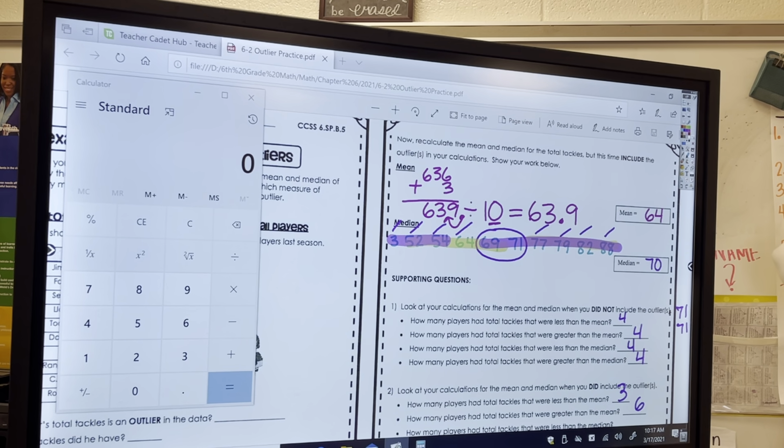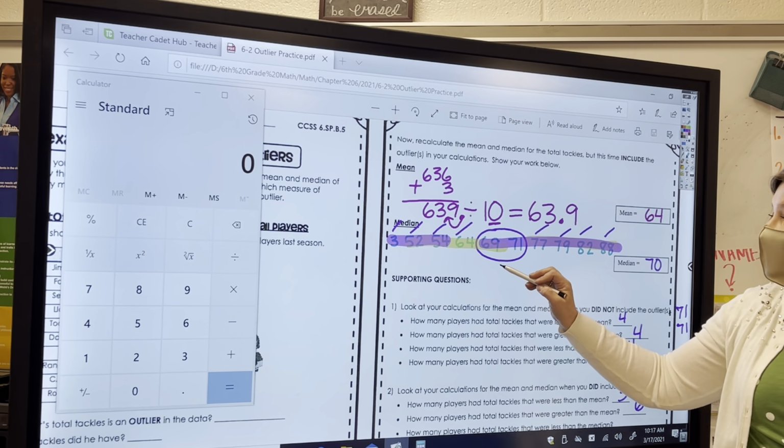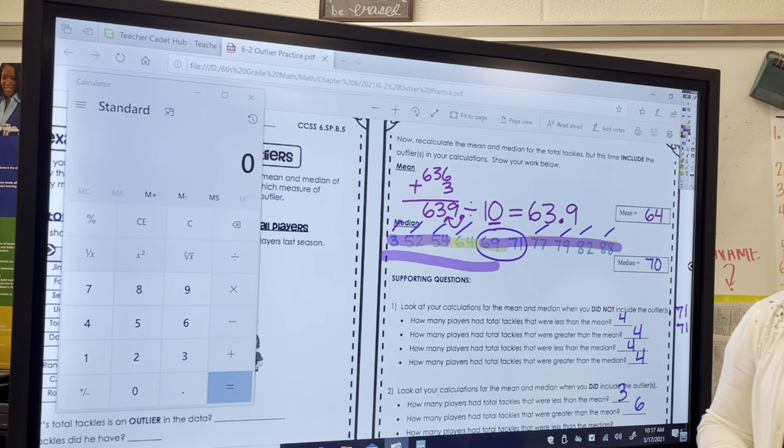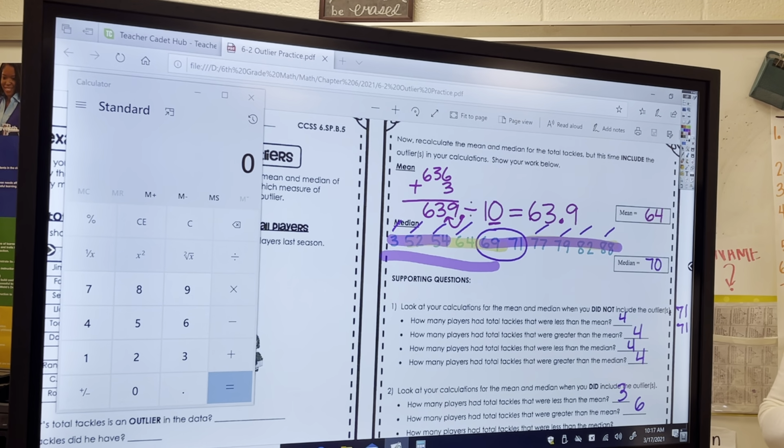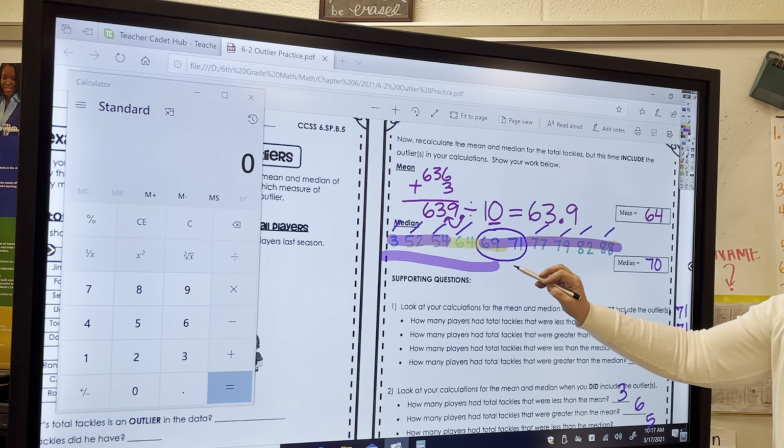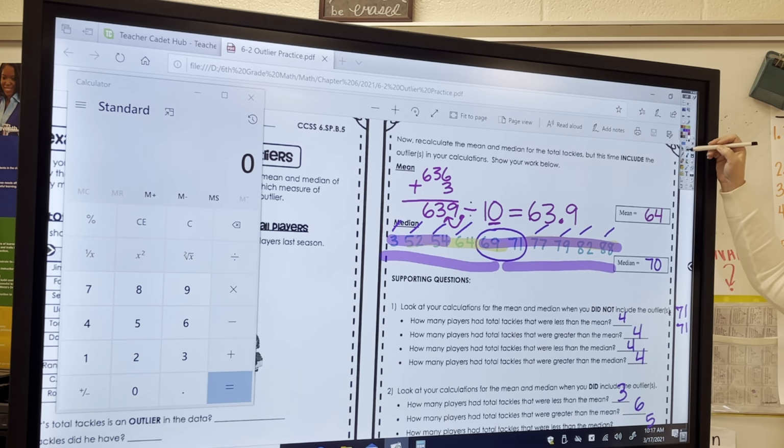What's the median? 70. So how many are less than the median? 5. And how many are more than the median? 5.